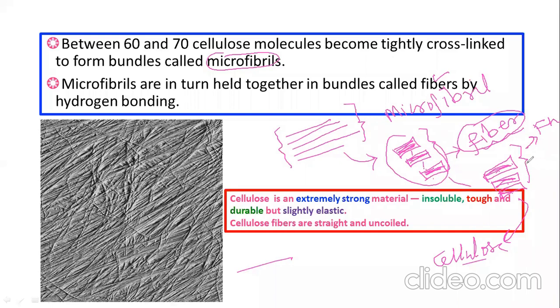Cellulose. Cellulose is an extremely strong material, insoluble, tough, and durable, but slightly elastic. Cellulose fibers are straight and uncoiled. Am I clear?